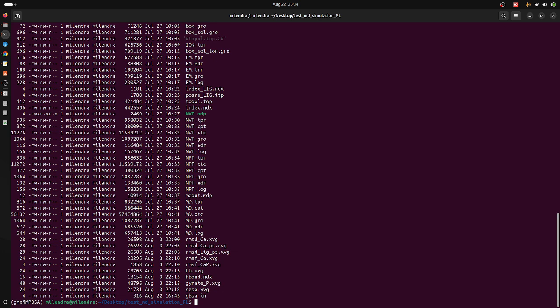So for the GBSA calculation, we have to write a command, that is gmx_MMPBSA -i, this is the input flag, right?